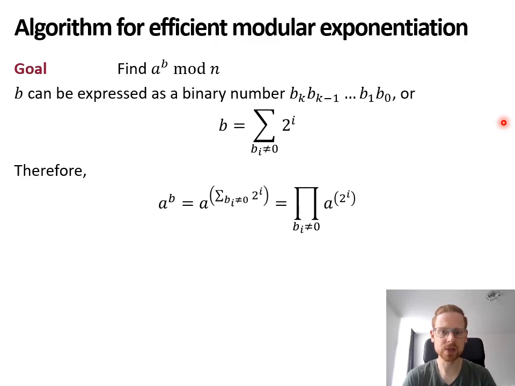So, as a consequence, we can rewrite a to the power b as a to the power of this sum. And since a sum in an exponent can be written as a product of a to the power of each of these elements of the sum, we end up with the product over all b_i different from 0 of a to the power 2 to the i.